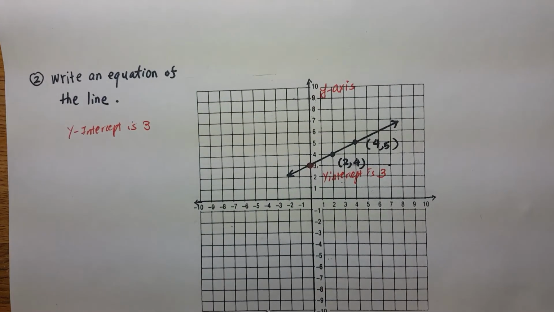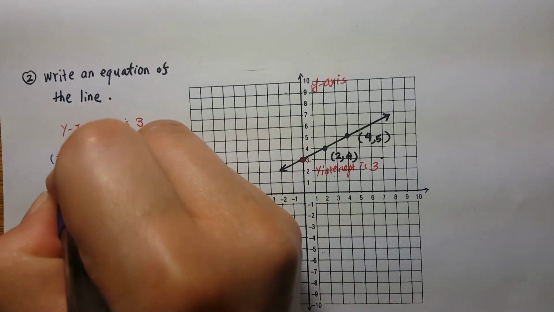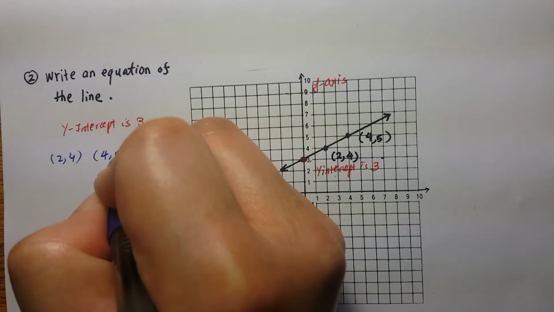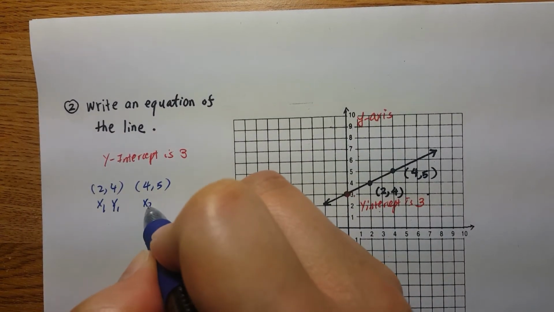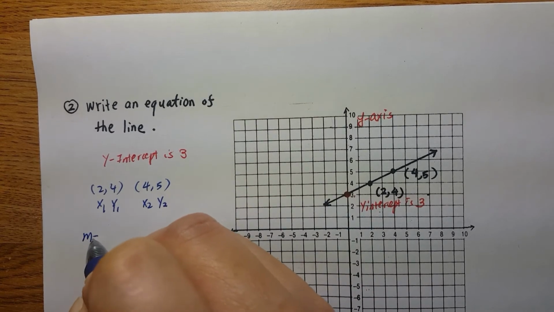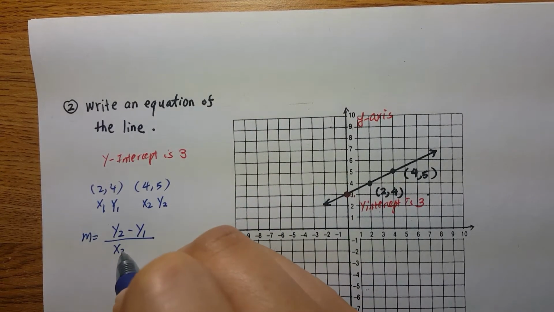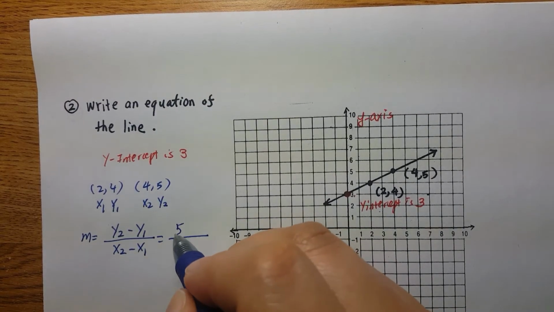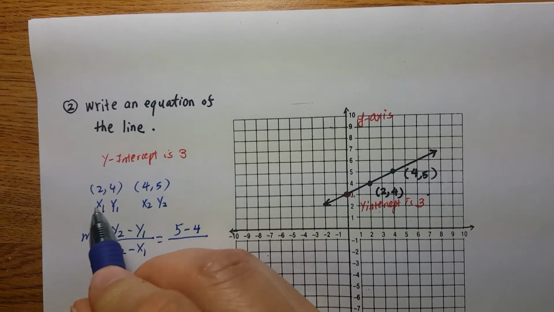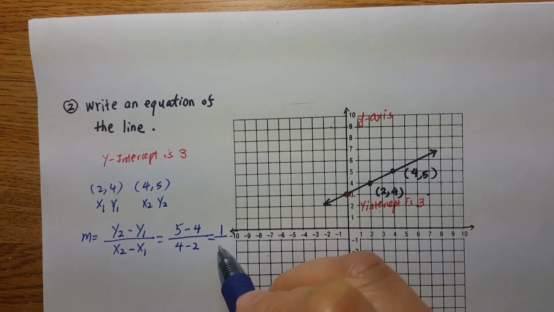Now we're going to find the slope. To find the slope, we use 2 points: (2, 4) and (4, 5). We say x1, y1, x2, y2. The slope m is equal to y2 minus y1 over x2 minus x1, so 5 minus 4 over 4 minus 2, and we get 1 over 2.